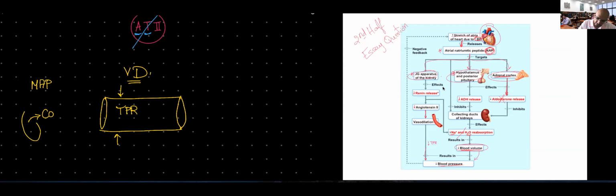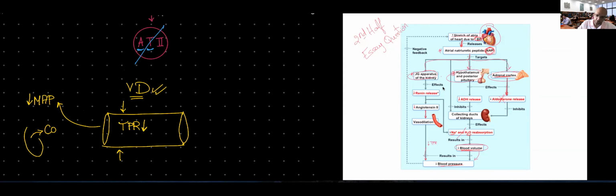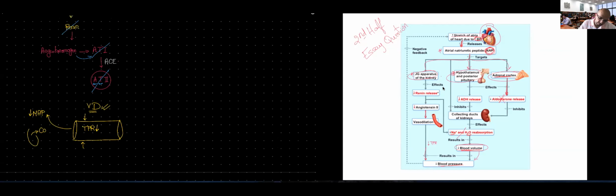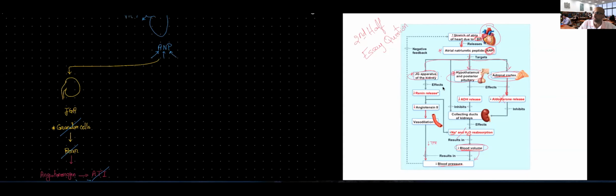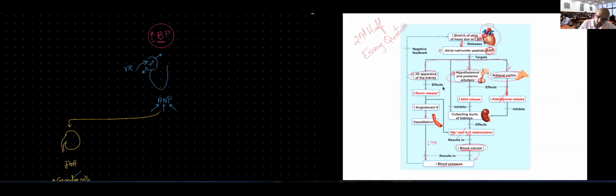If I dilate the arterioles, what's going to happen to the resistance? Remember, I have a drop in my total peripheral resistance, and as a result, I will have a drop in my mean arterial pressure, and this is what I want. Remember, what is the main purpose here of atrial natriuretic peptide? It is to respond to an increase in the blood pressure.